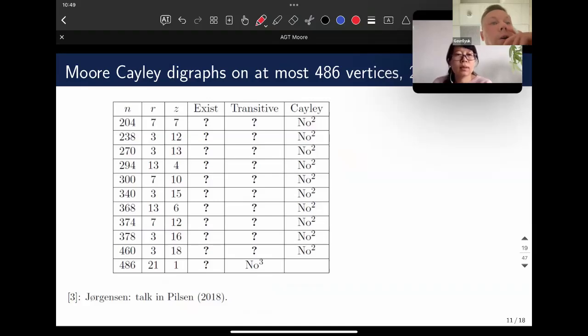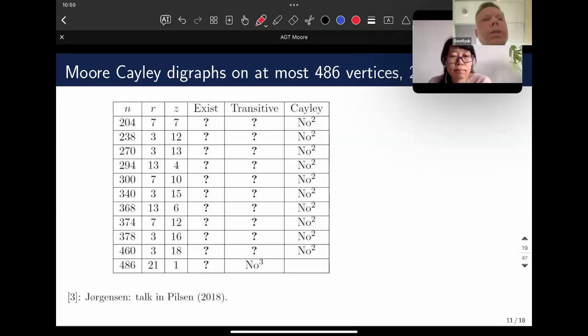Now, for the last case, a digraph on 486 vertices, it was shown by Jørgensen that such a Moore digraph cannot even be vertex transitive.